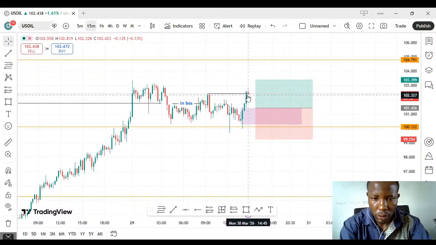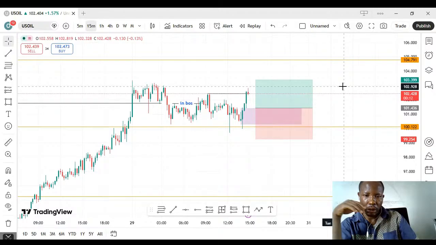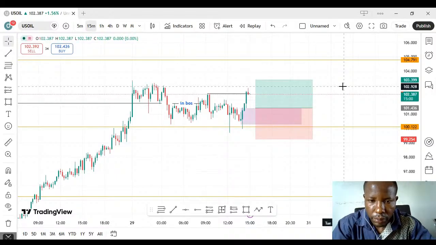But what will determine this is the close of the 15 minutes candle in the next few seconds. If it closes above it, we'll have a point of interest. But if it closes below it, then it's irrelevant.